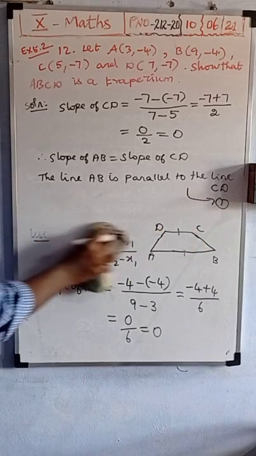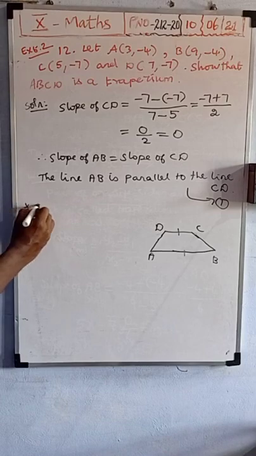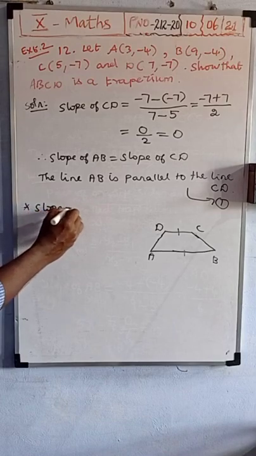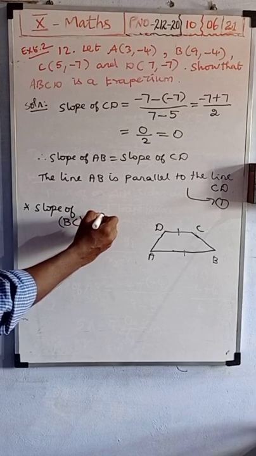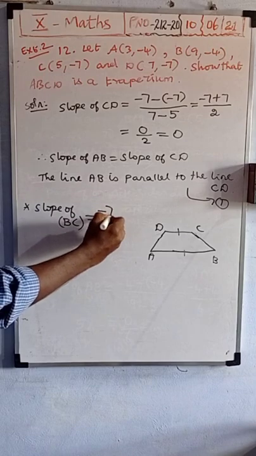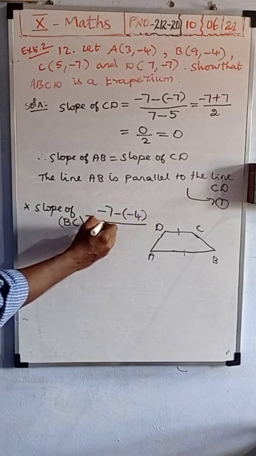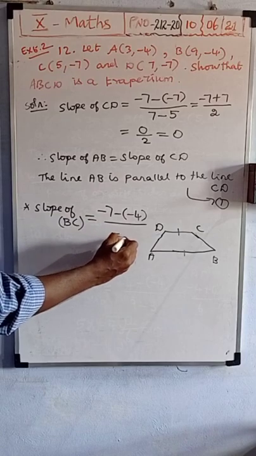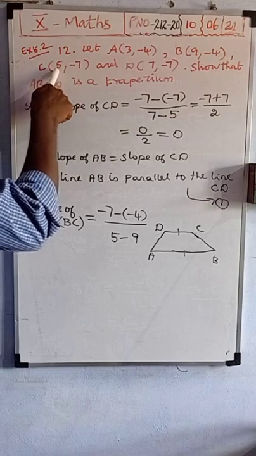Okay, next take slope of BC. Slope of BC is equal to, now B point is x1 y1, C point is x2 y2. So minus 7 minus of minus 4 divided by x2 5 minus 9, that is y2 minus y1 divided by x2 minus x1.